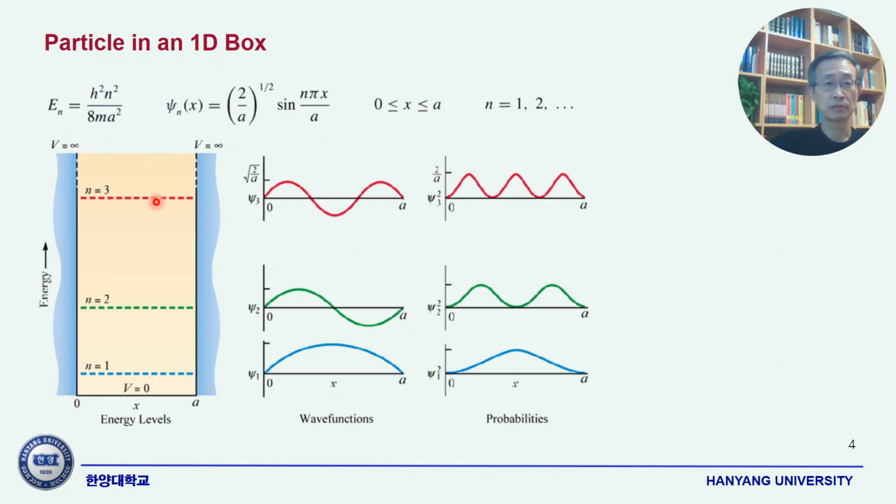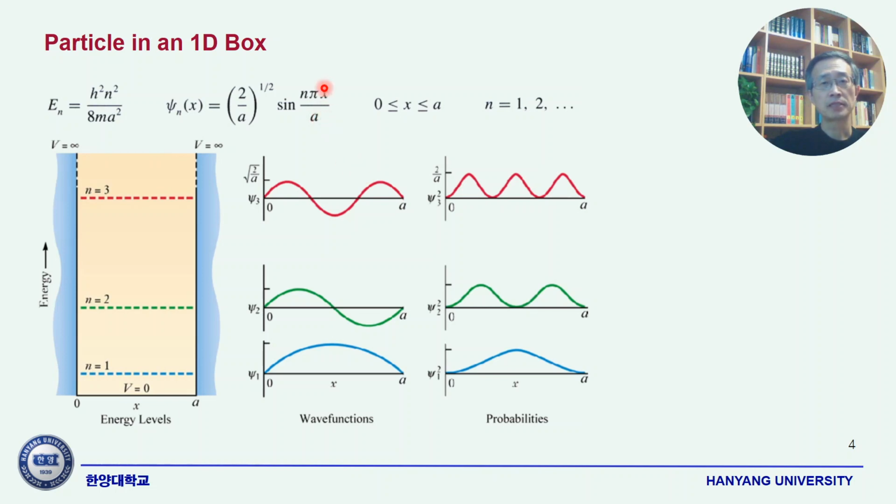So this is the inside of the box. Outside the box, there is no particle, so the wave function is 0. Inside the box, from 0 to a, we plot the wave function itself, where square root of 2 over a is the maximum amplitude, and then sine n pi x over a.